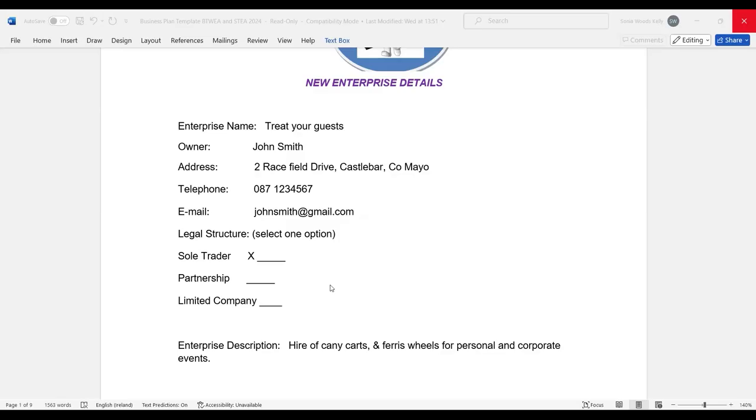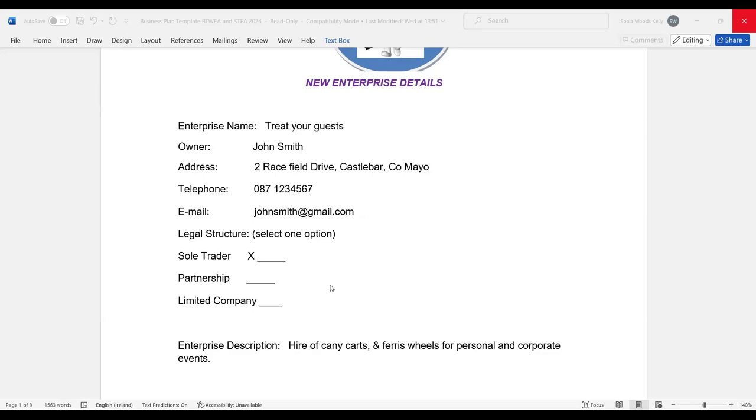When you create a partnership, each partner will decide what percentage of the profits of the business they will own. So if you have two partners and they decide to go 50-50, each partner will then be individually responsible for filing their share of profits with Revenue.